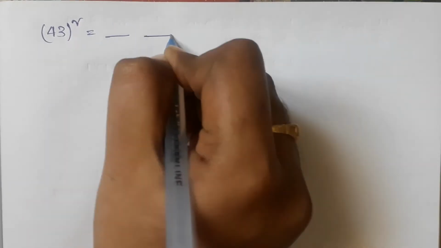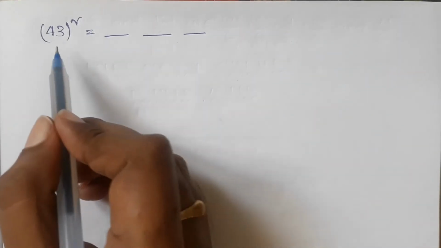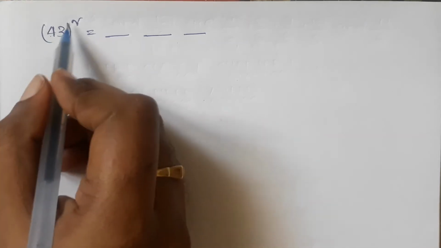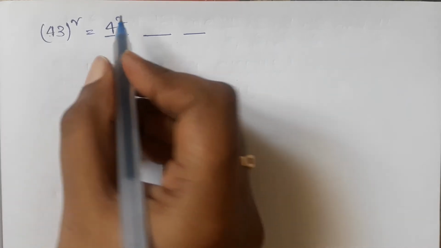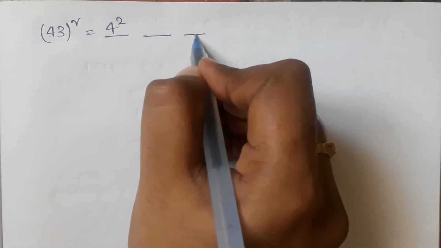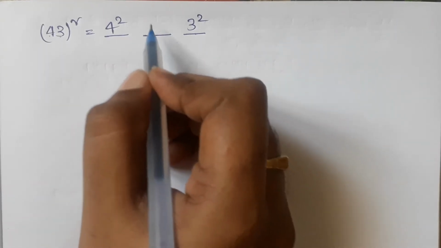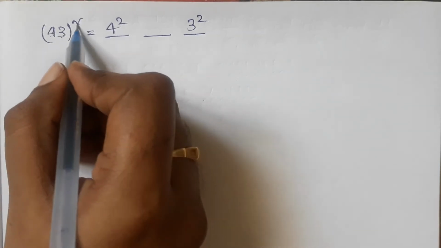Here we should take 3 parts of this number. In the first part we do 4 square, the tens place digit, and in the last part we do 3 square, and in the middle part we multiply all these numbers, that is 4 into 3 into 2.